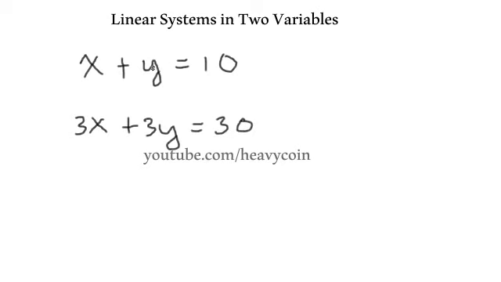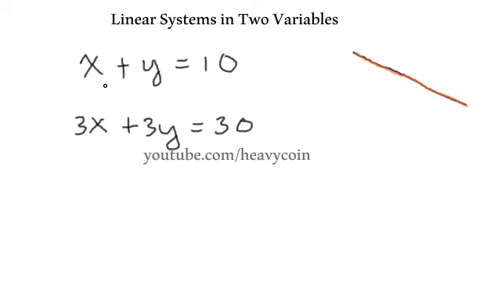If we were to graph each one of these individually, it turns out they'd be the same graph. So this would be the line for this equation, and if we were to graph this equation, it would just graph right over the top of it. So you see we'd have an infinite solution set.